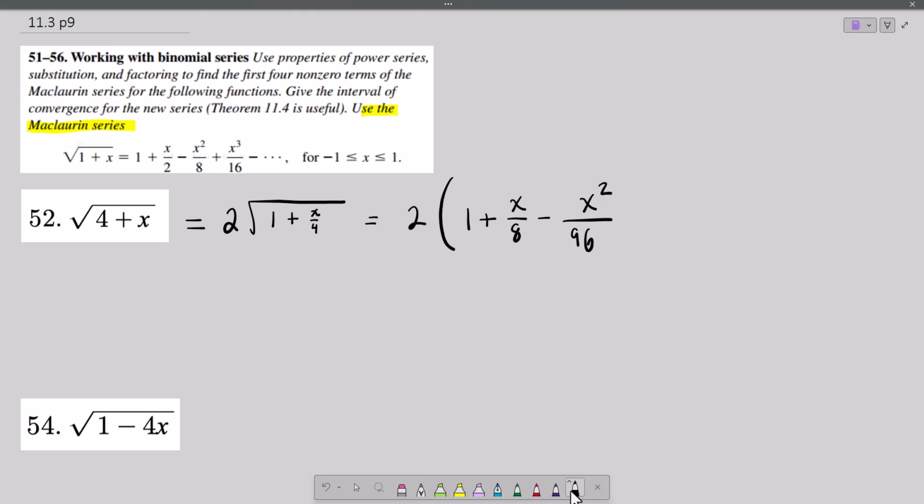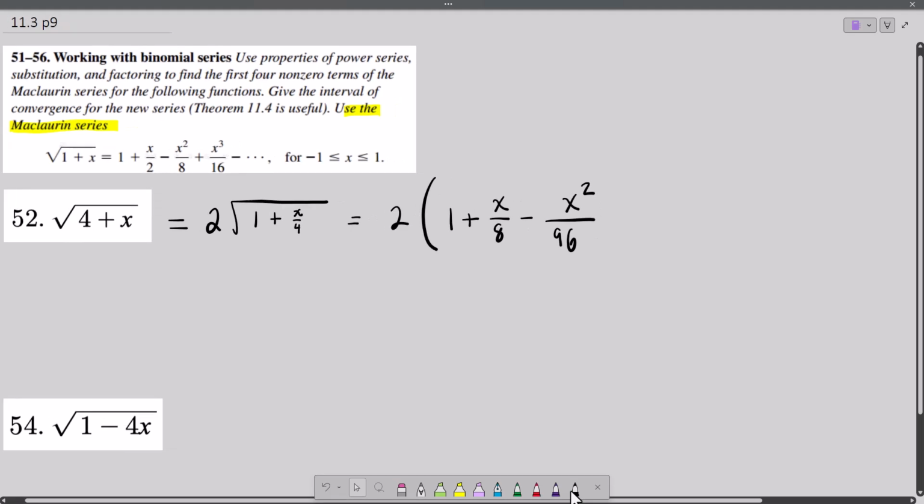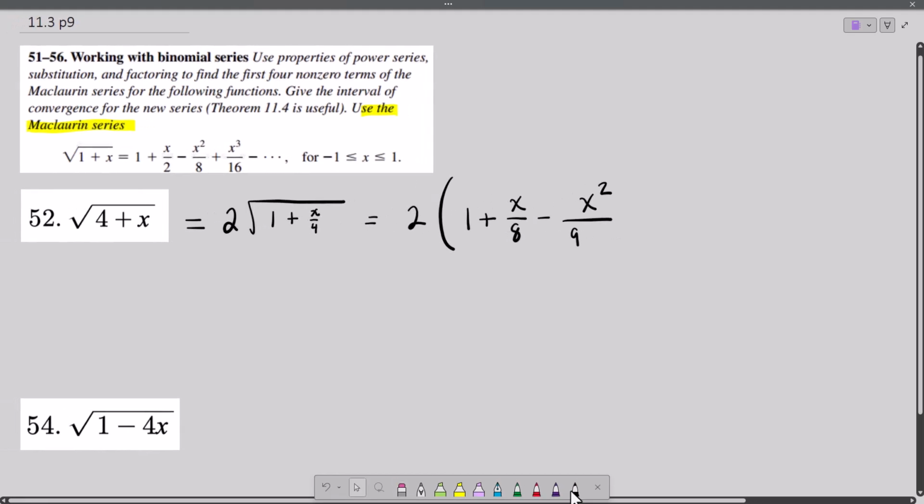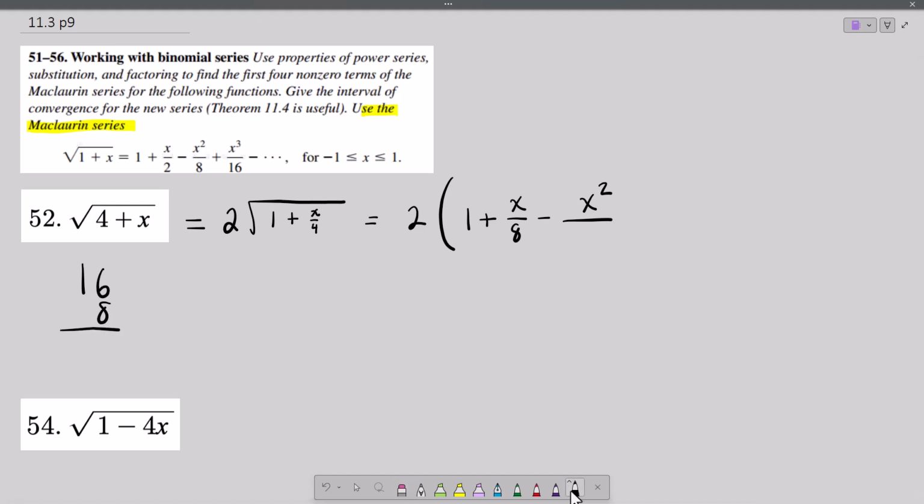Let's see. 8 times 16, that's not right, is it? So let's see, what am I doing? 16 times 8. So that's 128. Goes there. Oh, the hard math.